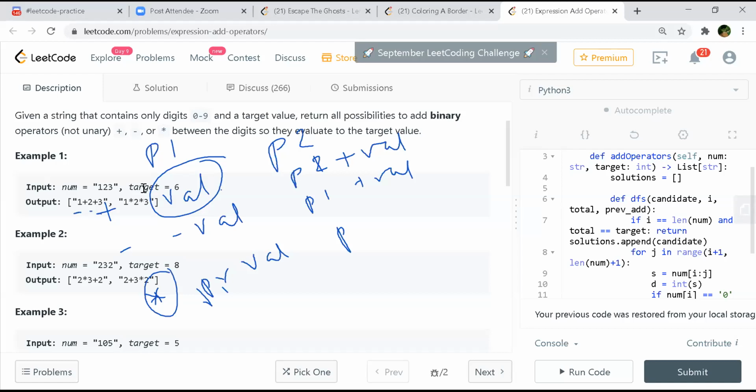And then we can multiply, so that will be P1 multiplied by the current val, so you can form this relationship, right? That way the precedence remains the same. And then we will have to have another variable for P2.